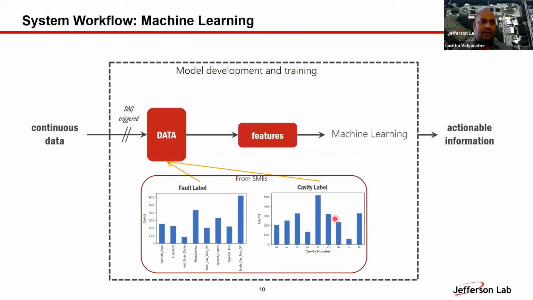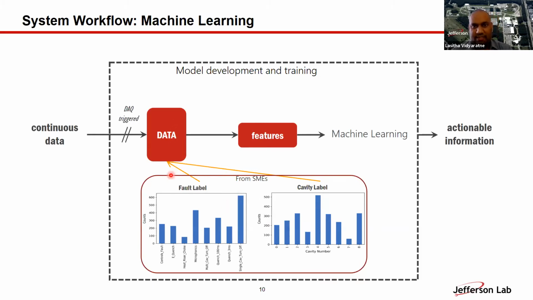So with that kind of data, we set out to first develop our system workflow for machine learning. So we have continuous data while the CEBAF machine works, and our data acquisition system is triggered when a fault happens. And the data that I've shown before is backed up into a data set. Then we get help from our subject matter experts to give us some ground truth labels for our 2 questions, identifying the cavity that failed first and the fault label for the type of fault that happened.